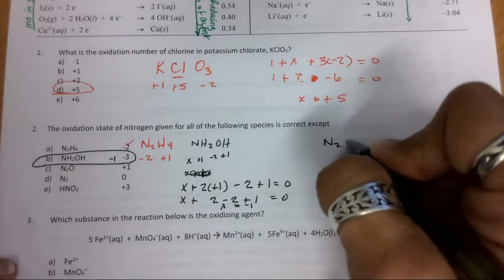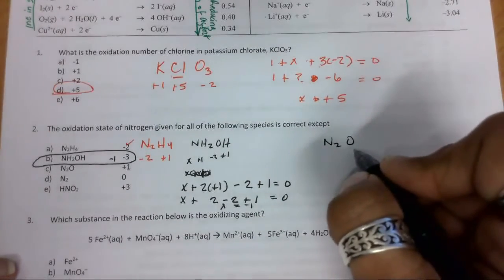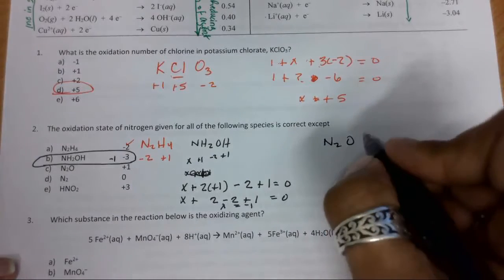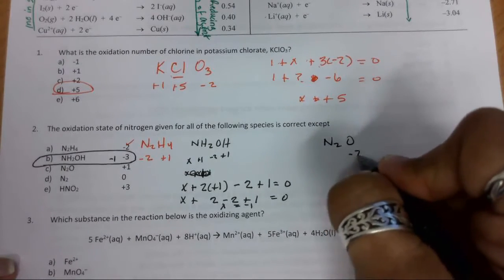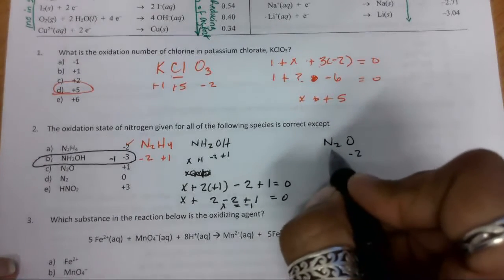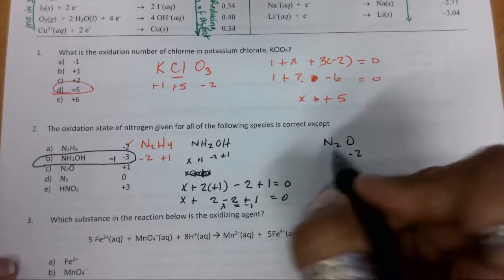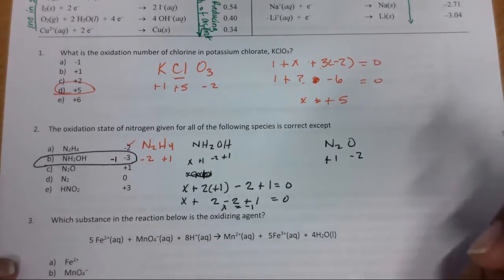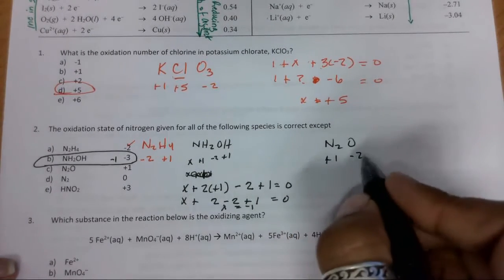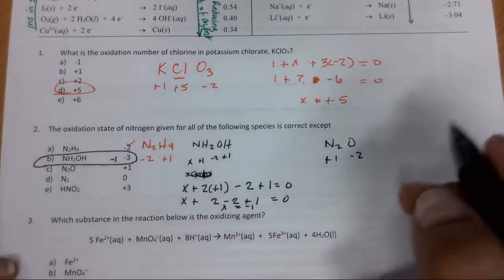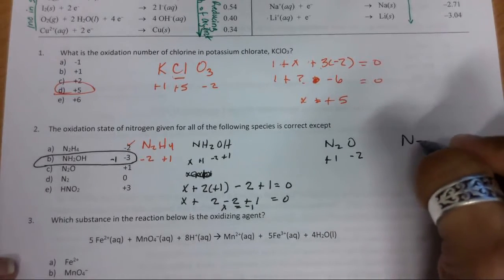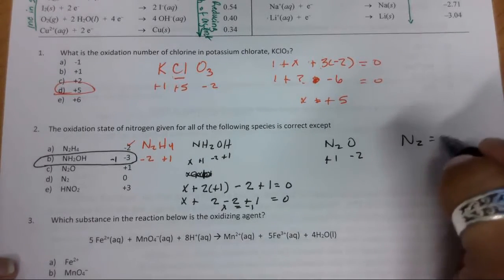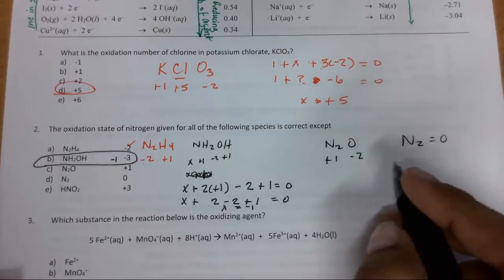So we've got N2O, right? So if this is minus 2, and I've got 2 of these nitrogens, what must the oxidation state be? It's got to be plus 1, right? Because that gives me a plus 2 minus 2 is 0. And that's what we see here, and that's a check. N2, right, it's equal to 0, right? That's in its elemental form, okay?